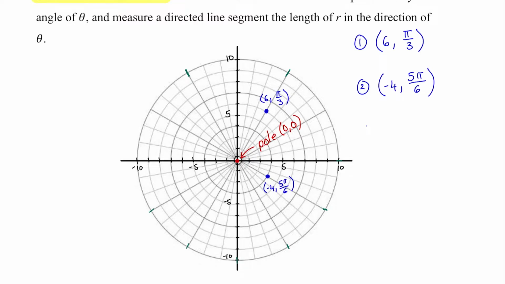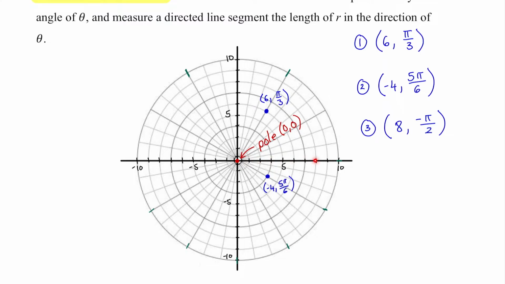Let's try another one, number 3. Let's plot the point 8, comma, -pi over 2. In this polar coordinate, my r is 8 and my angle theta is -pi over 2. So r is 8 means I will have 8 units to the right of the pole. The pole is right here, 1, 2, 3, 4, 5, 6, 7, 8.